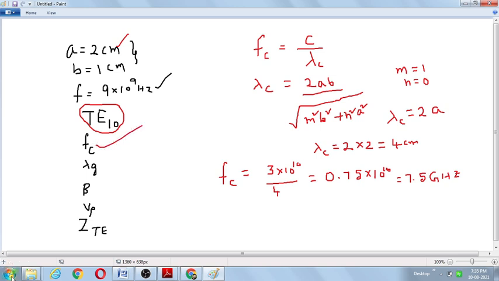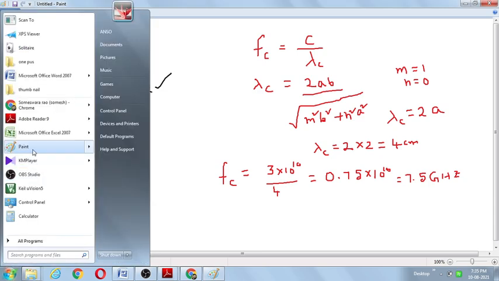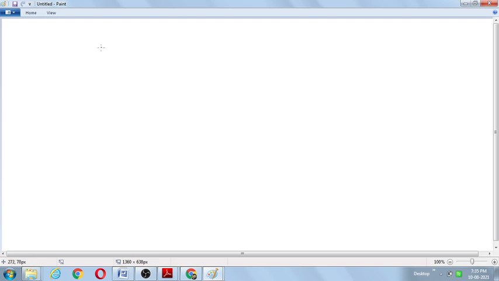Next, lambda g. Lambda g is also called guide wavelength. So lambda g formula: lambda g is equal to lambda naught by square root of 1 minus lambda naught by lambda c whole square.